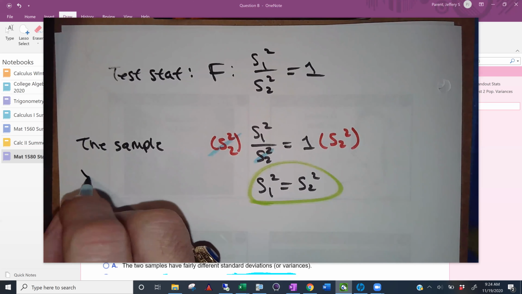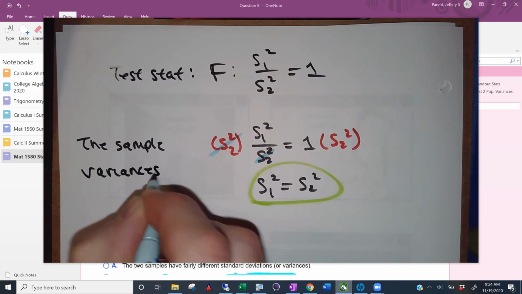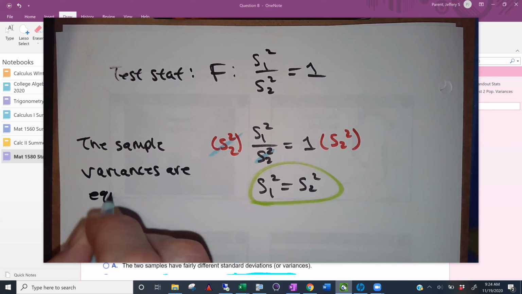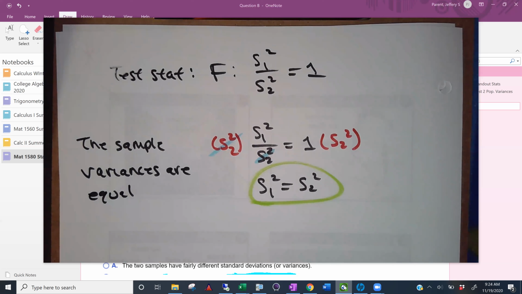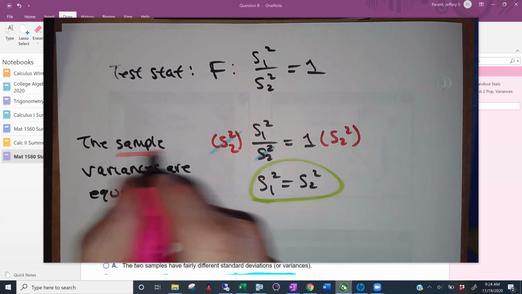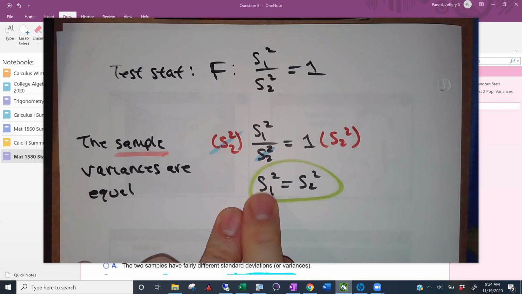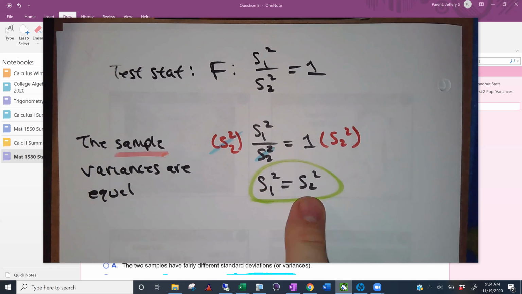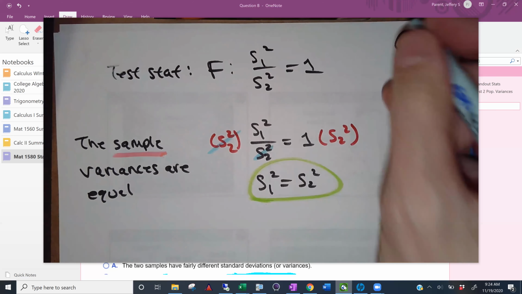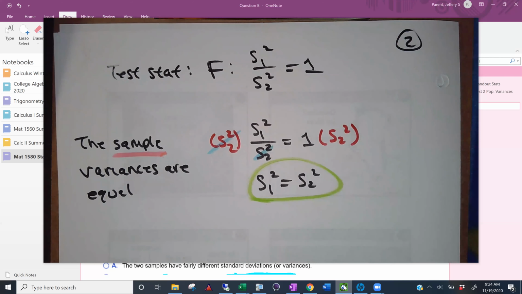The sample variances are equal. And I'm particularly pleased, Shane, that you used the word sample, because that's what these are. These are samples. That's the sample standard deviation for the first sample and for the second sample, or I should say sample variances, because they're squared. If you didn't square them, then it'd be the standard deviations. So, excellent. Well done.